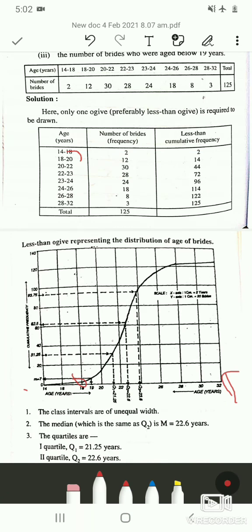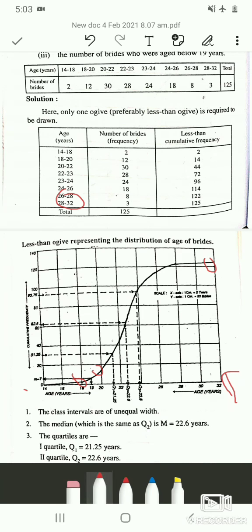Then for the upper limit 20, the less than cumulative frequency is 14, which is somewhere here. Then keep a dot for all the upper limits and the corresponding less than cumulative frequencies. For the year 32, the LCF is 125, which is somewhere here.